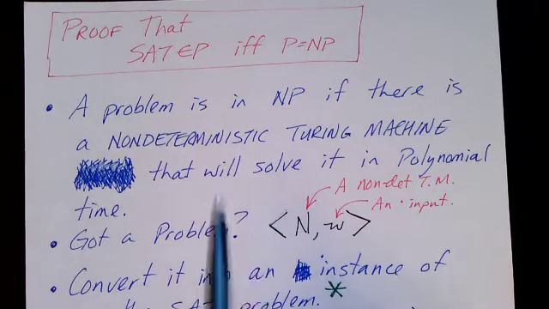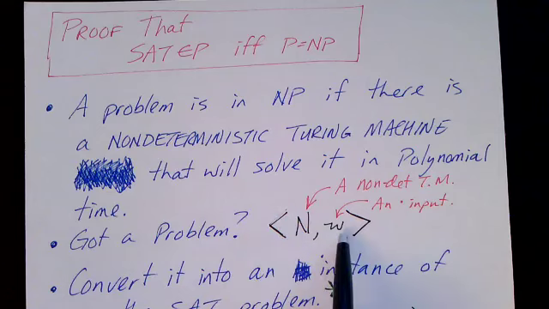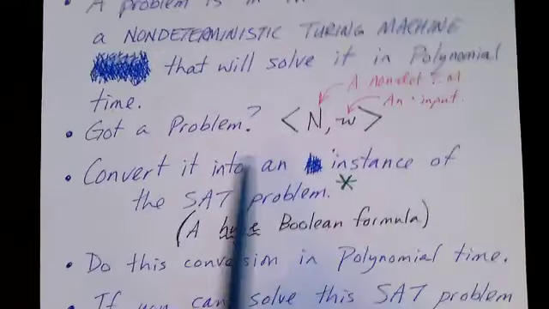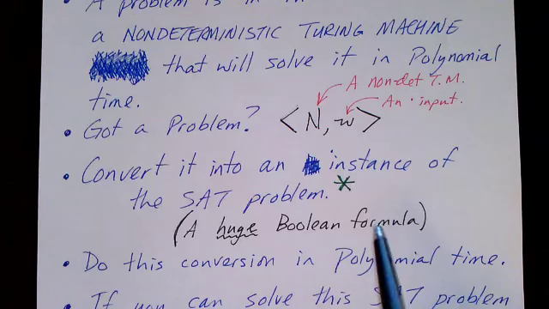Well, you could boil it down to being a non-deterministic Turing machine with an input. That's an instance of a problem in NP. You've got a non-deterministic Turing machine and you've got some input. What we're going to do is show how to convert it into an instance of the satisfiability problem.